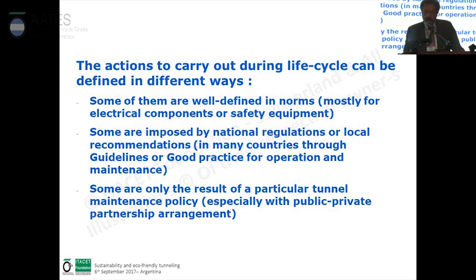For the others, they are the result of a particular tunnel maintenance policy. Especially, tunnel owners can choose to have a very high level and impose some actions. Also, in public-private partnerships, there are contracts between them, and all these tasks are imposed at the beginning.